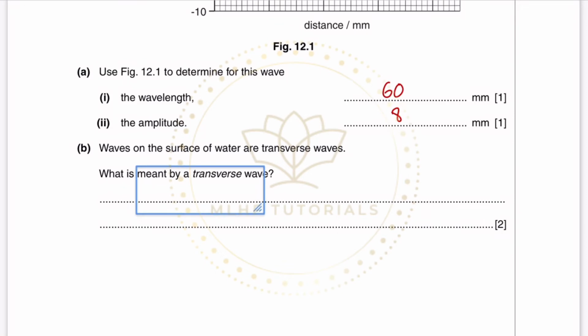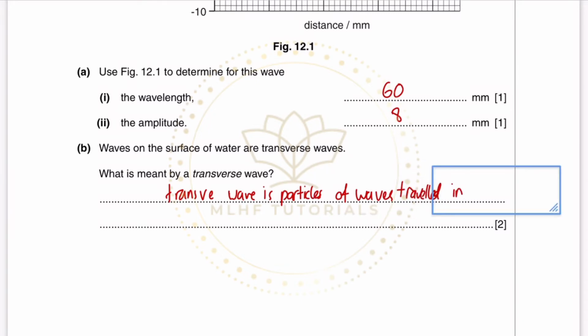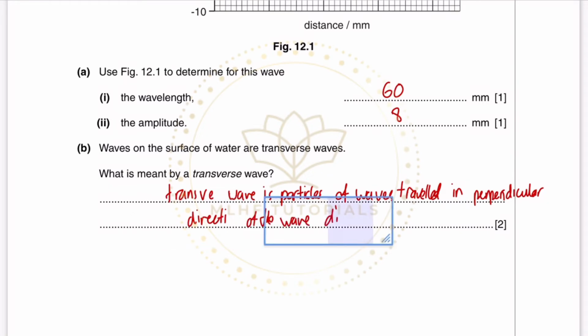So a transverse wave is where particles of the wave travel in a direction perpendicular to the wave direction.